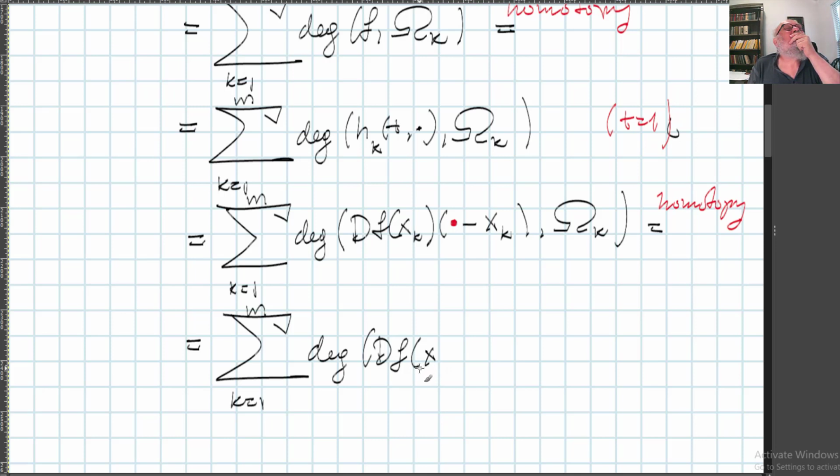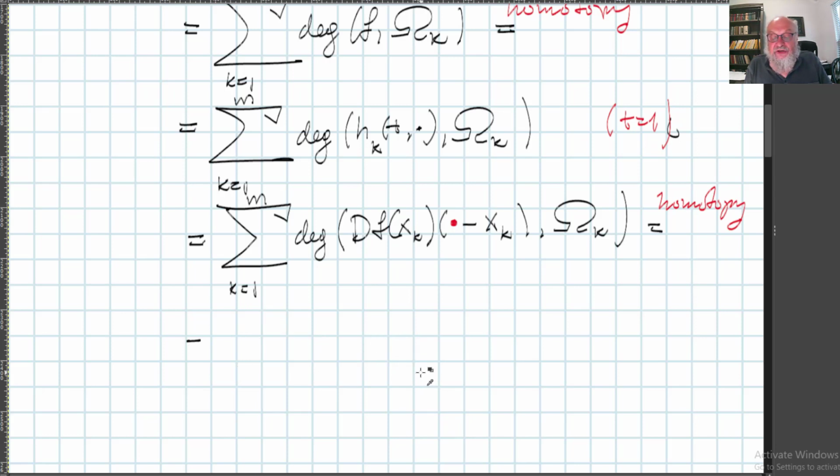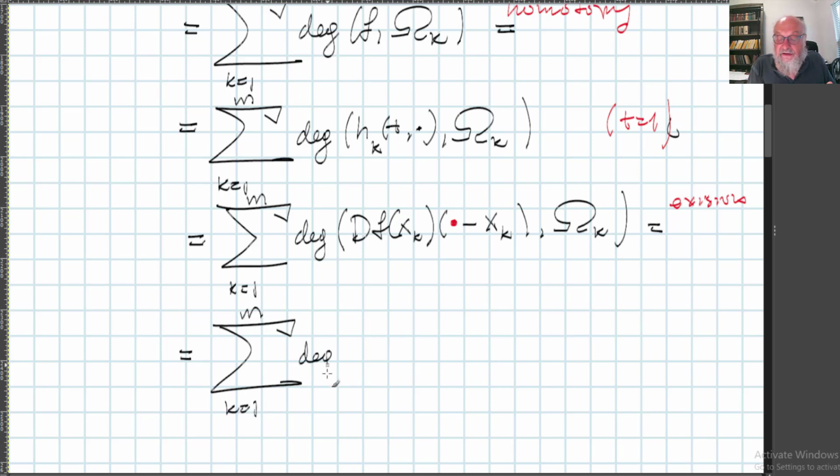No, it's not by homotopy. So first we need to do by excision again. Excision. And I can take simply like that. This is sum k is equal 1 to n, and that one is degree, and this is df of xk dot minus xk, and I change that one to the ball sufficiently large.